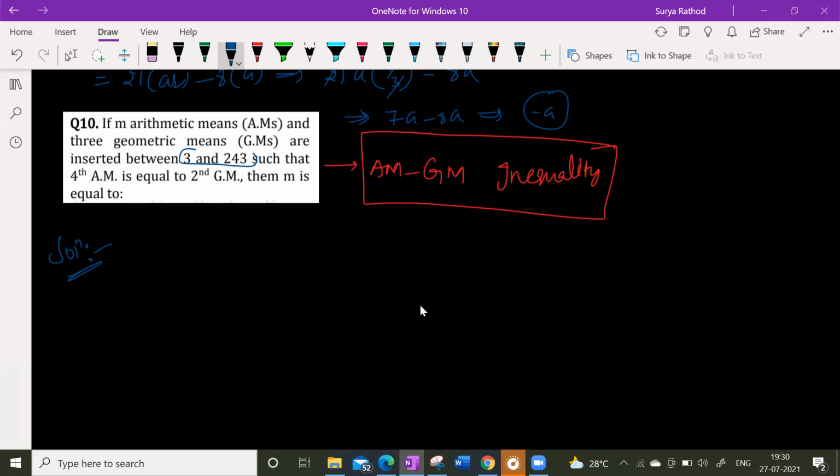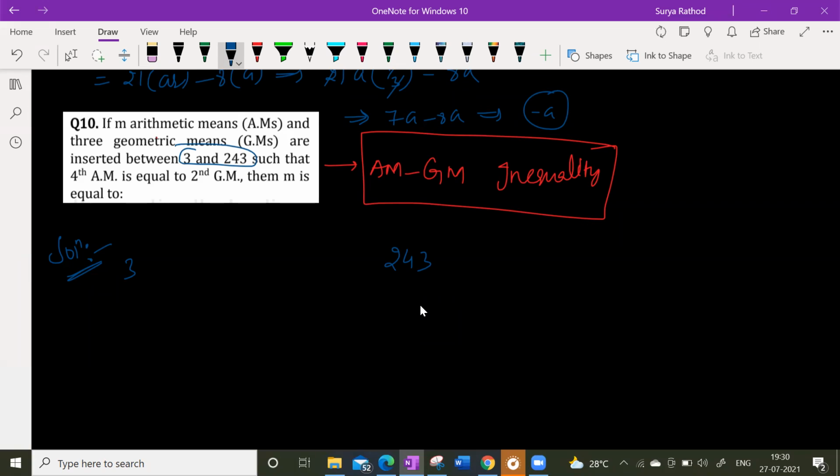I told you the formula for inserted between, isn't it? Here, M arithmetic means and 3 geometric means have been inserted between 3 and 43.